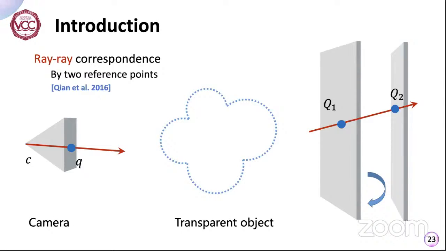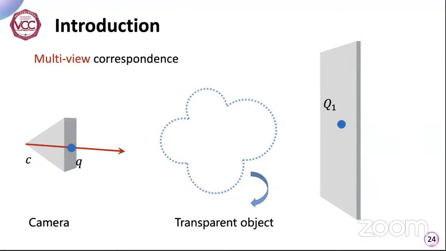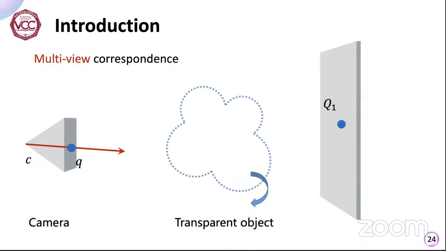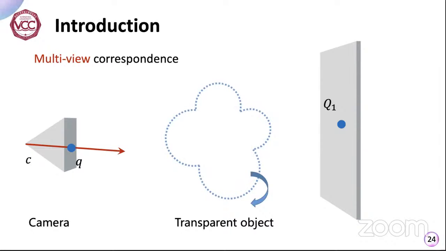This is actually proposed by Chen et al. in CVPR 2016. On the other hand, we can also rotate this transparent object itself to capture multi-view data.